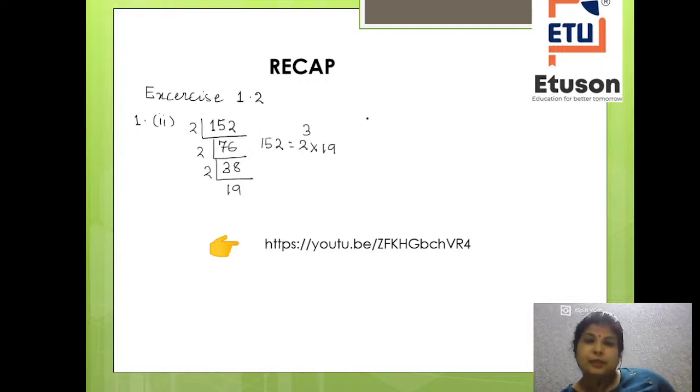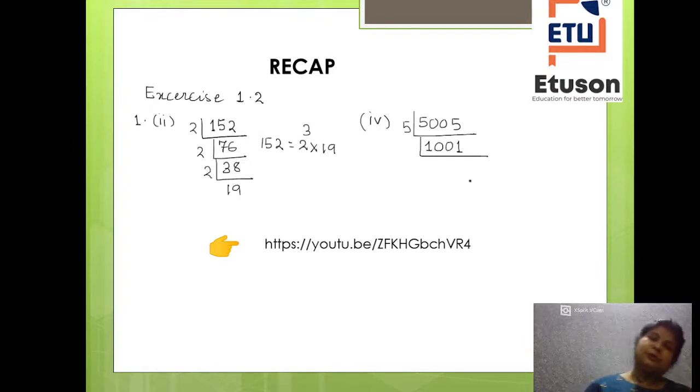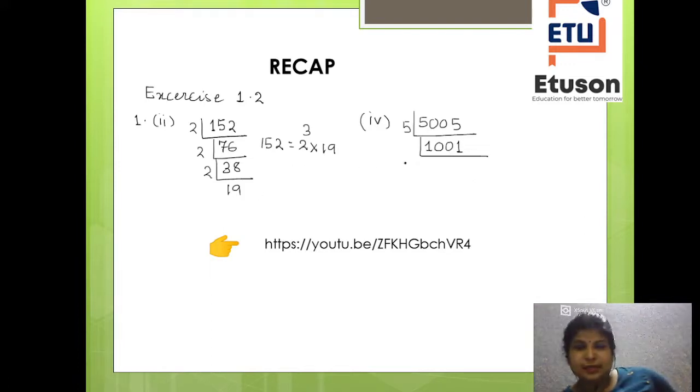What was there in bit 4? In bit 4, the number was 5005. Clearly you can see that the number is divisible by 5. So let us divide it by 5. You will get 1001. Now the number is not divisible by 2 or 3 either. So let us try with the next number, that is 7.